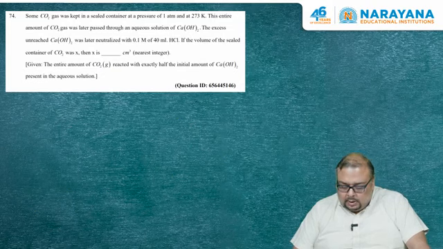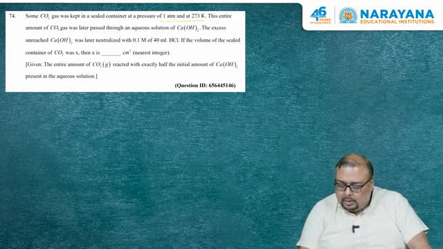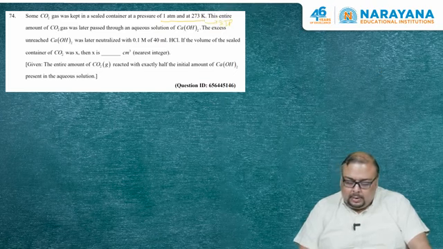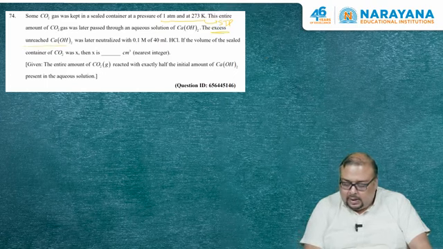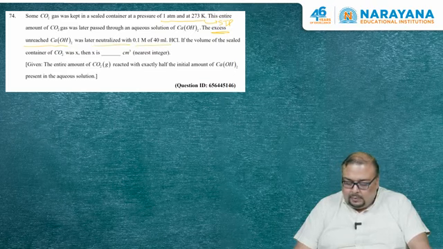So question number 74. Some CO2 gas was kept in a sealed container at a pressure of 1 atm and 273 Kelvin. This represents the STP conditions. Now, the entire CO2 was passed through calcium hydroxide solution, and the excess of unreacted calcium hydroxide was neutralized by 0.1 molar 40 ml HCl. So, what is the volume of the container which contains CO2?